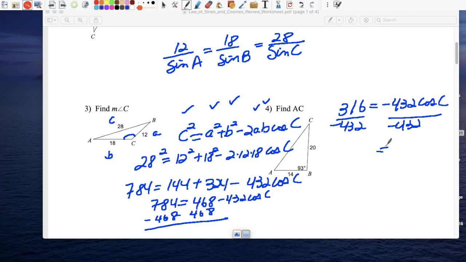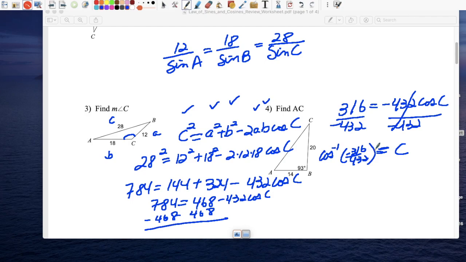And that goes away. You're going to get a decimal. I'm going to leave that as a fraction for now, or you can change it to a negative decimal. And we're going to take the inverse function, right? So c is inverse cosine of negative 316 over 432.